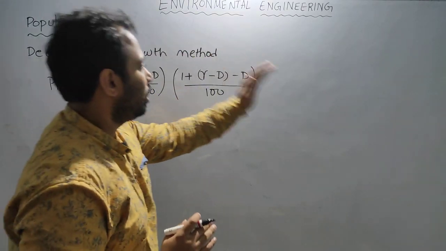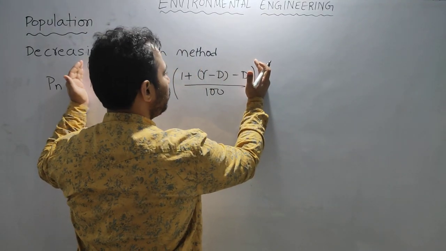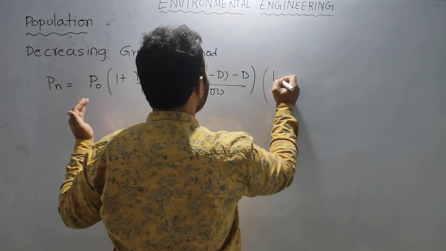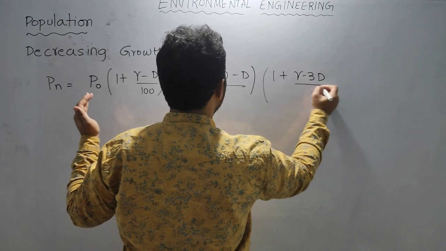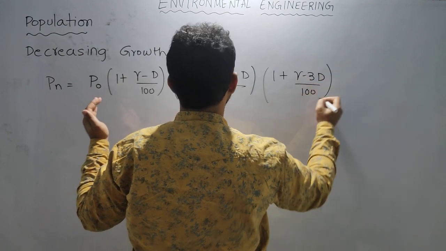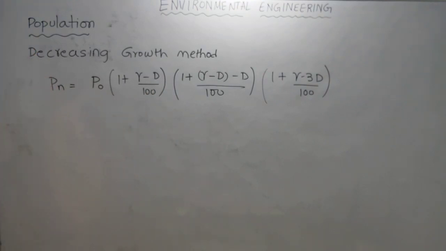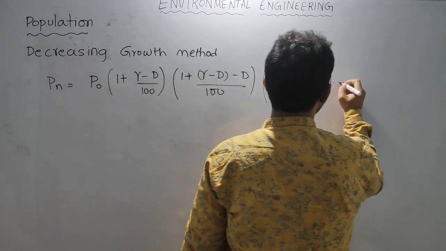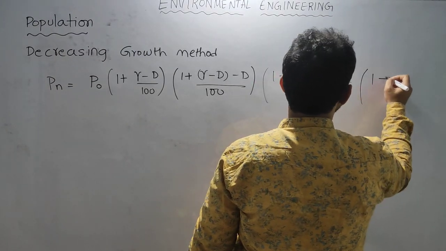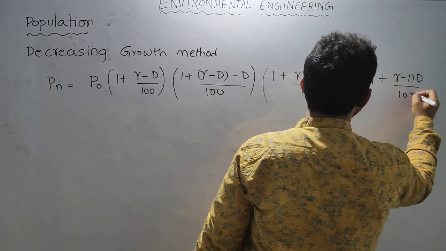Similarly, if you are going for the third decade, this will be your second decade population, multiplied by 1 plus R minus 3D by 100. Similarly, if I want to find the nth decade population, it is 1 plus R minus ND by 100.